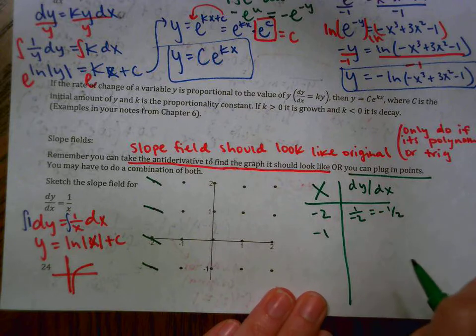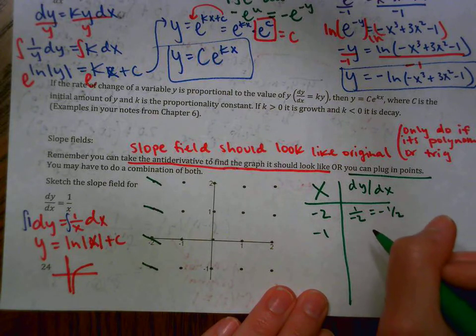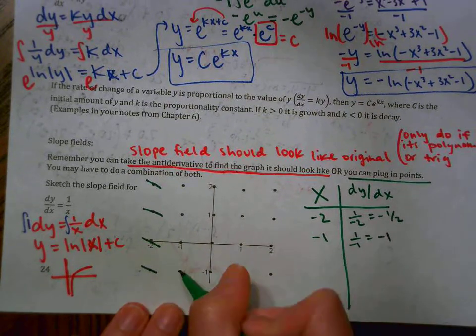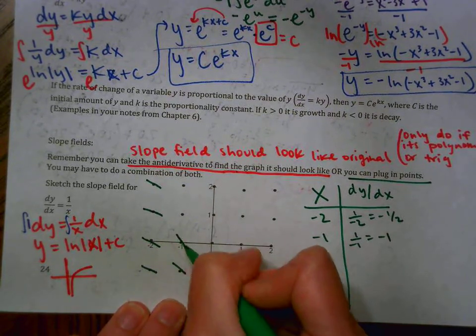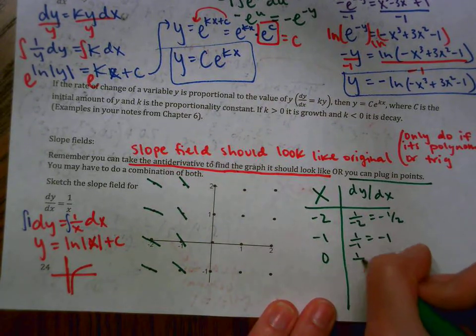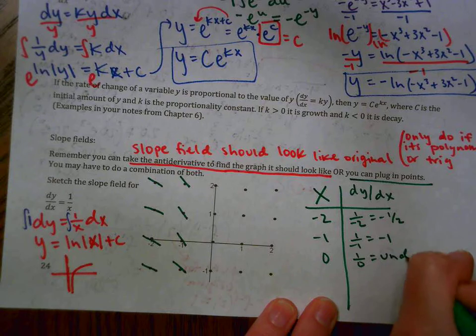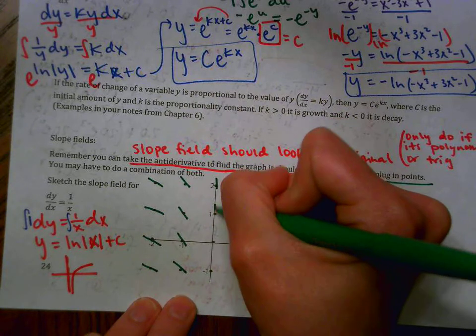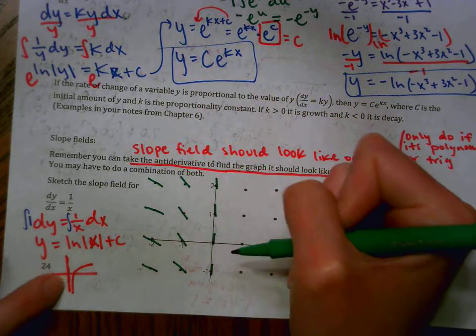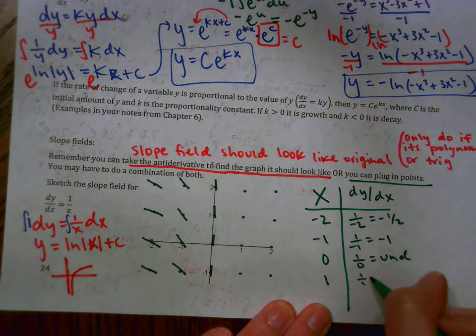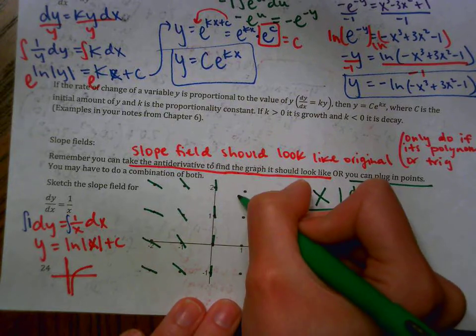And then -1 would be 1 over -1, which is -1, so we want a slope of -1, so it should be a little steeper than your 1/2, but still in the negative direction. 0 is 1 over 0, which is undefined. So for undefined, you're going to put a vertical line. What line has an undefined slope? Vertical. That's like your asymptote, right? And then we put 1, which is a slope of 1. So it should be going positive now.